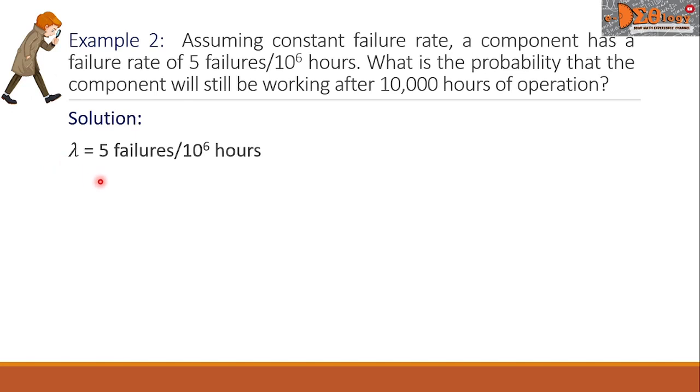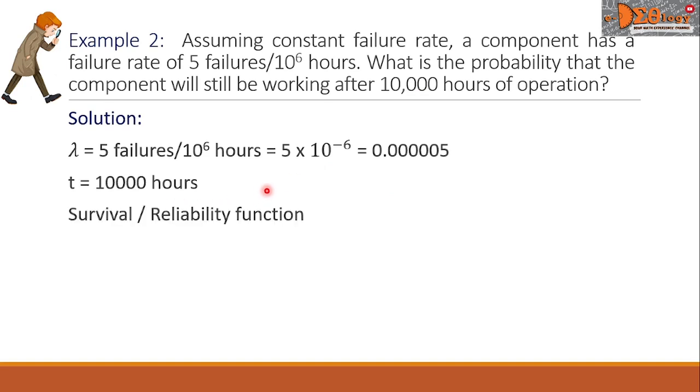Our lambda here is written as 5 failures per 10 raised to 6 hours. Or simply we can write 5 times 10 raised to negative 6. We can express this as decimal like this. And the t is given as 10,000 hours.